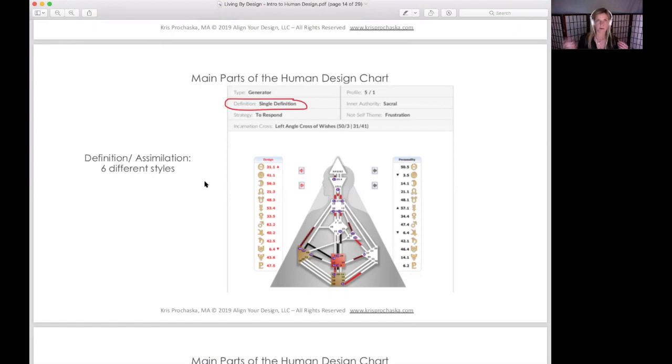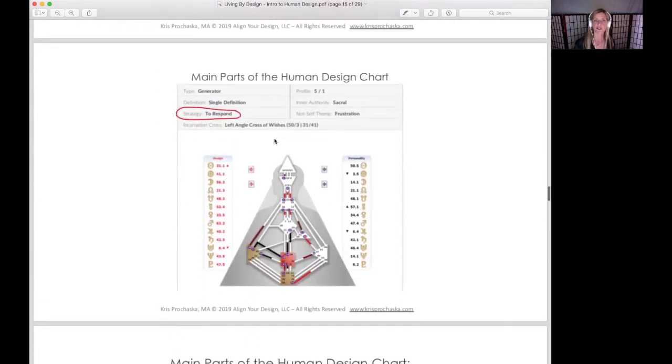I can take in information and grok information super quickly. And then there are 5 other different styles besides that independent or single definition/assimilation. Okay. So the way we take in information, the way we work is a little bit different for each of us. So really get that. There's 6 different styles of that.